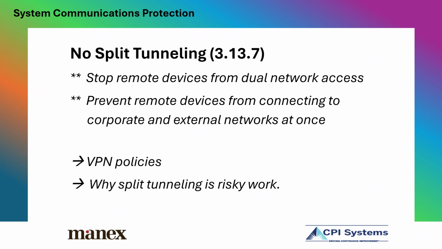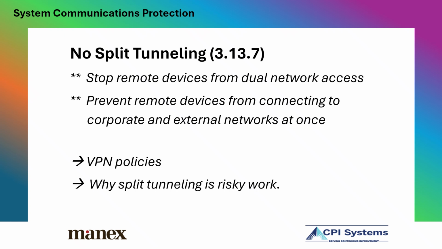No split tunneling. Control 3.13.7 requires us to prevent split tunnel connections. What is split tunneling? It's a VPN feature that allows you to divide your internet travel. This enables you to send some of your traffic or your data through an encrypted VPN tunnel for enhanced security, while allowing the rest to travel directly over the open internet.